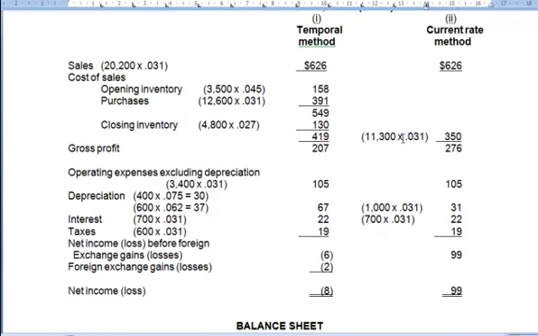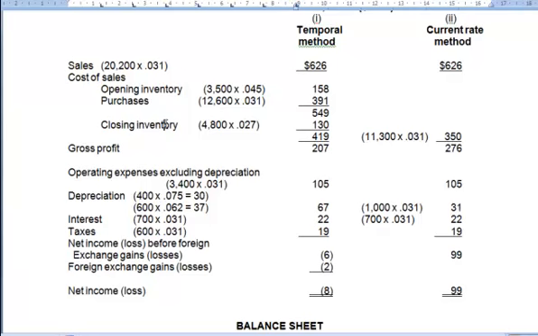So in our case, we are going to apply the average rate to our cost of goods sold, because again, the fact that it's made up of monetary as well as non-monetary items, and here are your two non-monetary items for inventory, it doesn't matter. All assets and liabilities are going to be translated at the same rate. So we don't even need to take that kind of thing into account.